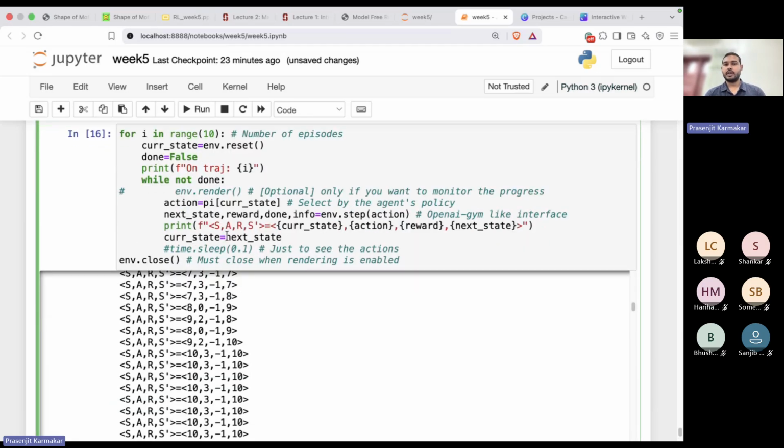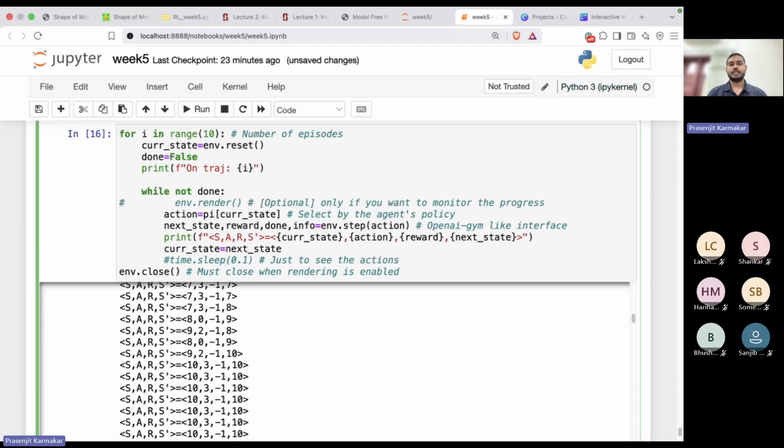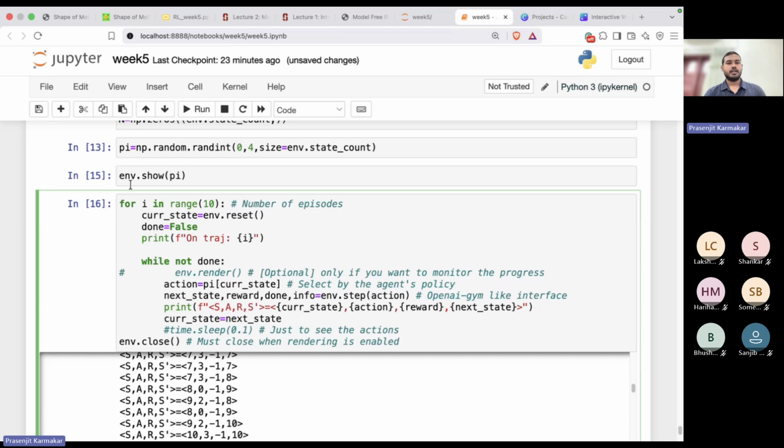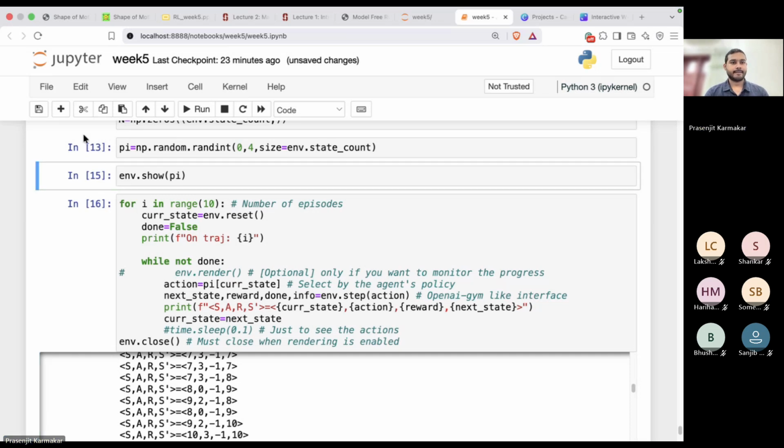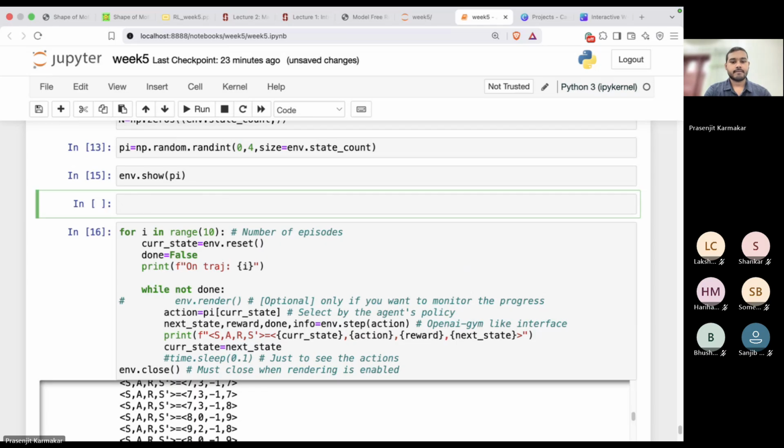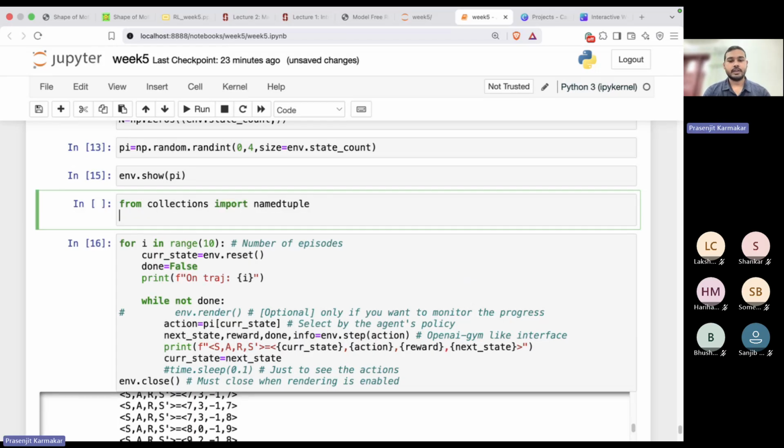Now, these are all fine, but we need a way to estimate the GT return, right? So let's save the trajectory. We can save the trajectory like this: from collections import namedtuple.